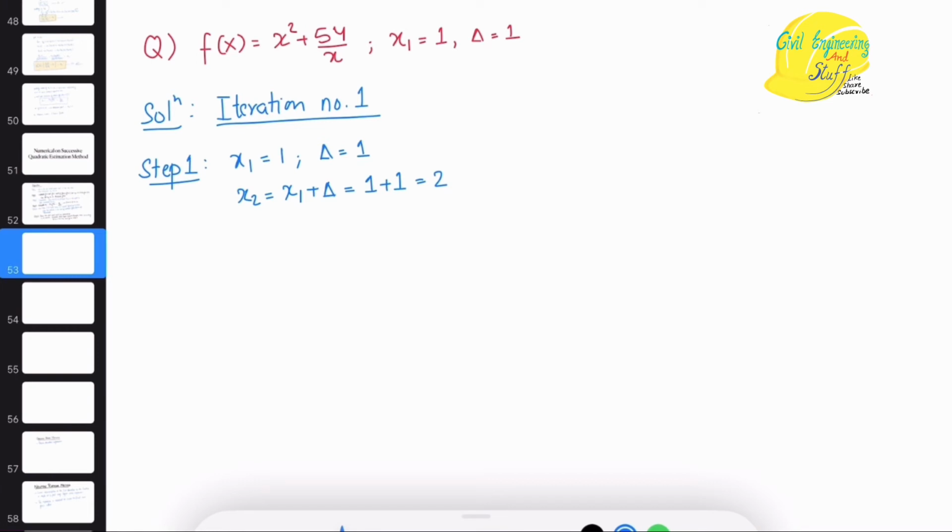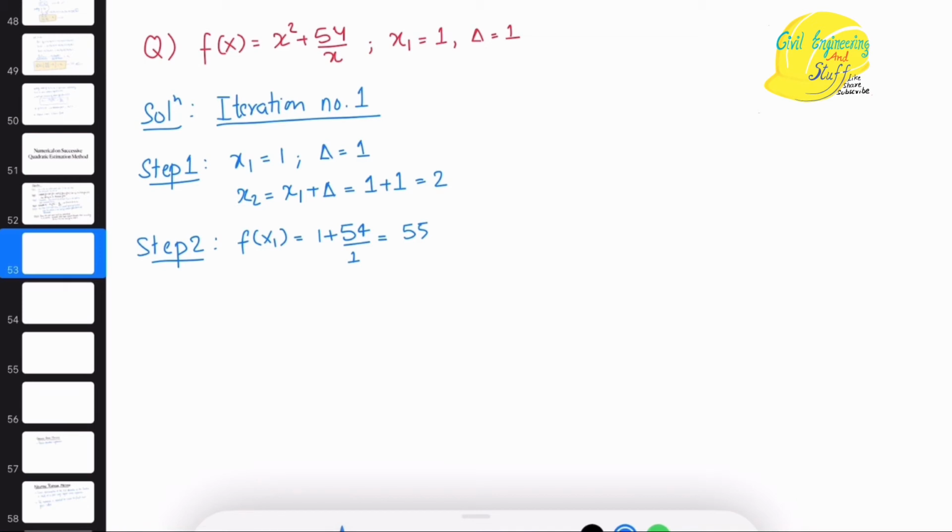So we'll move on to step 2, and for our step 2 we have to find f of x1. So f of x1 is 1 plus 54 by 1, which is equal to 55.